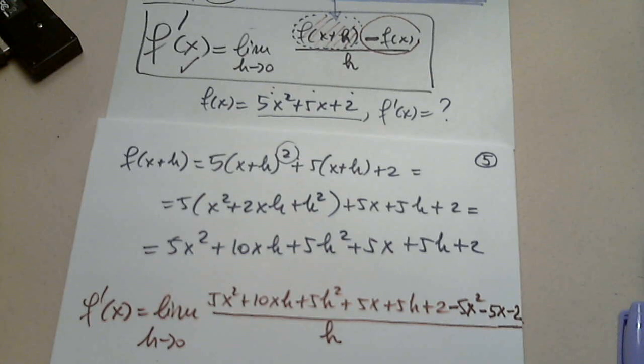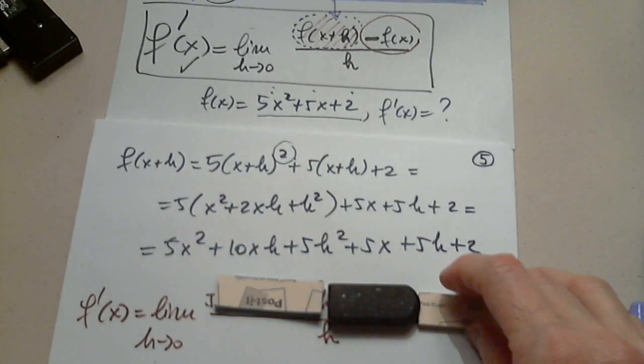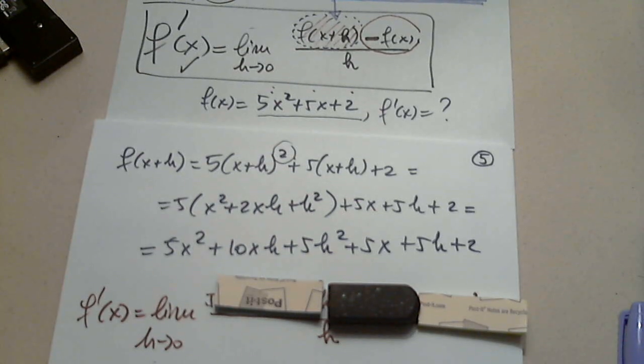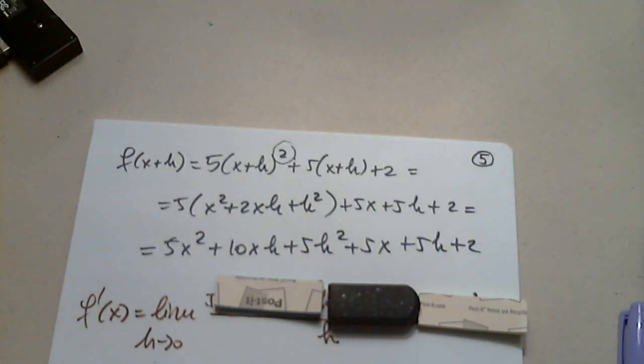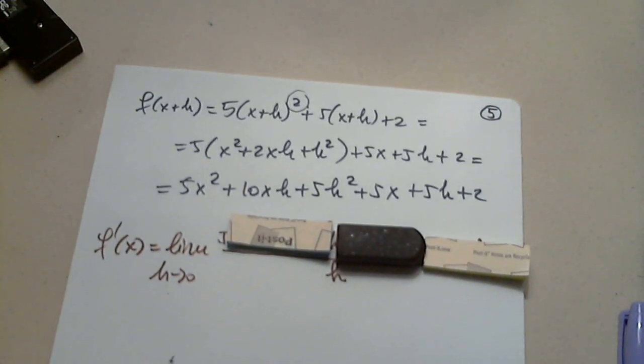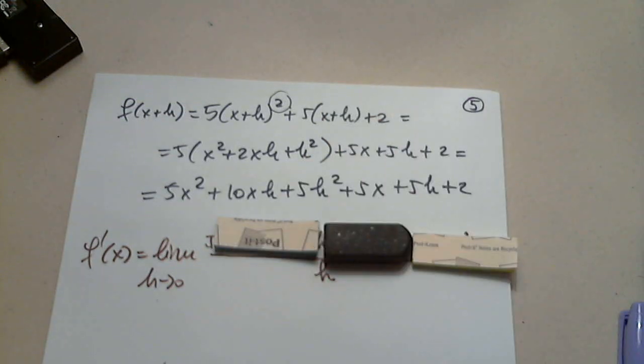Okay, now what did we say a long time ago that has to happen? And if it doesn't happen, then I'm in trouble, so to speak. Two steps have to happen. If they don't happen, I have to start from the drawing board again. All the terms without h must go away from the top.